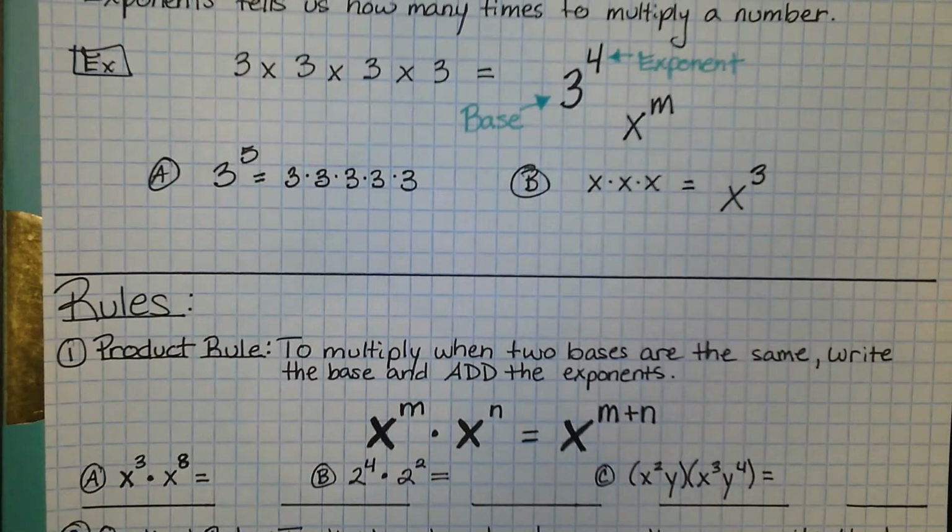So, product rule. To multiply when two bases are the same, we're going to write the base and add the exponents.